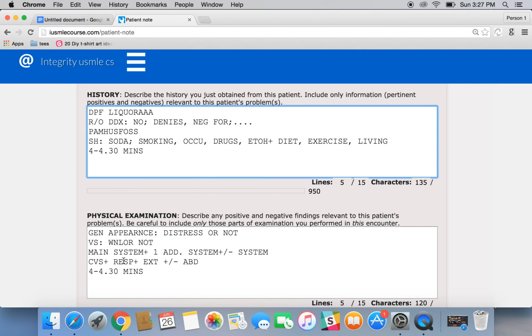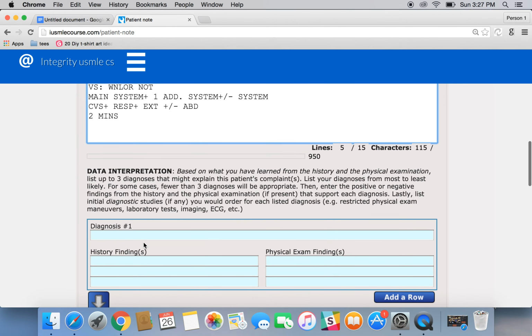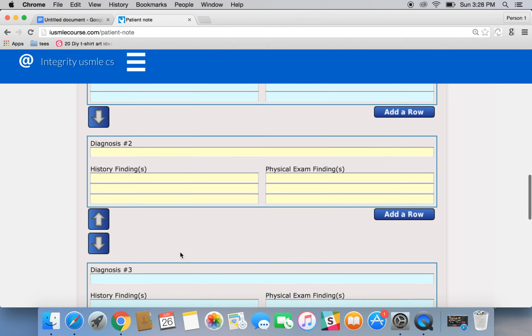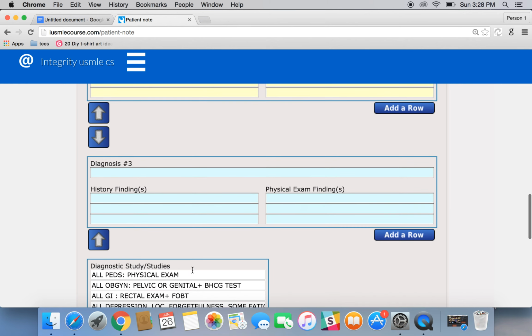We shouldn't spend more than 2 minutes here. About 2 minutes for the whole of differential diagnosis and their supporting findings, and about a minute for the diagnostic studies. So in all, we must have spent about 9 minutes in total.